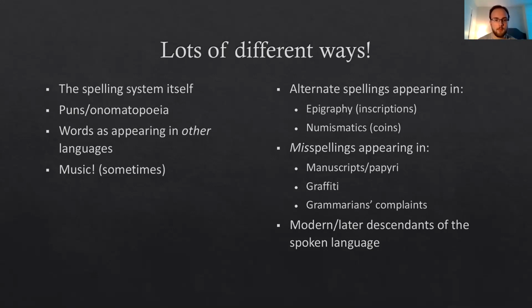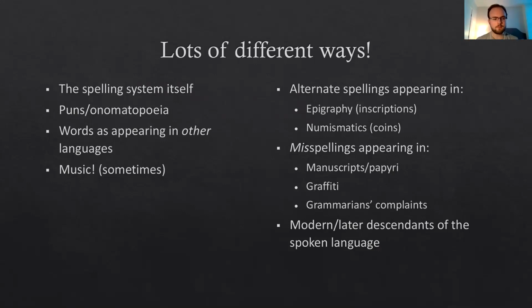We can also get some information from loan words appearing in another language, how the second language chose to use its writing system to depict the word from the first language. This can tell us some information about the first language if we know a particular point about how the second language was written.